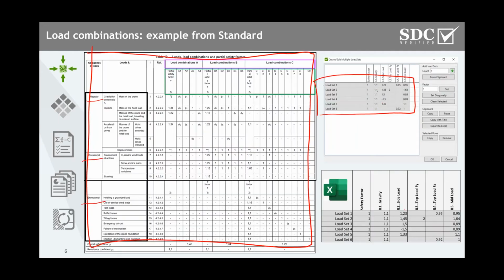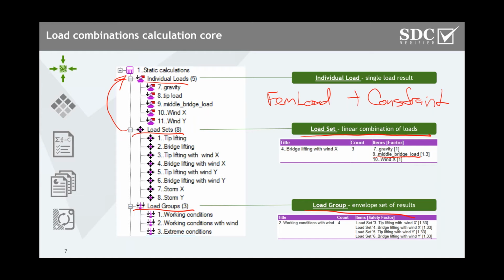So you can have every action of your structure, like weight, operational condition, wind loads, wave loads, environmental conditions, as a single influence, then combine them into ultimate limit states or operating conditions, and then make a group of all possible operating conditions for reporting purposes.